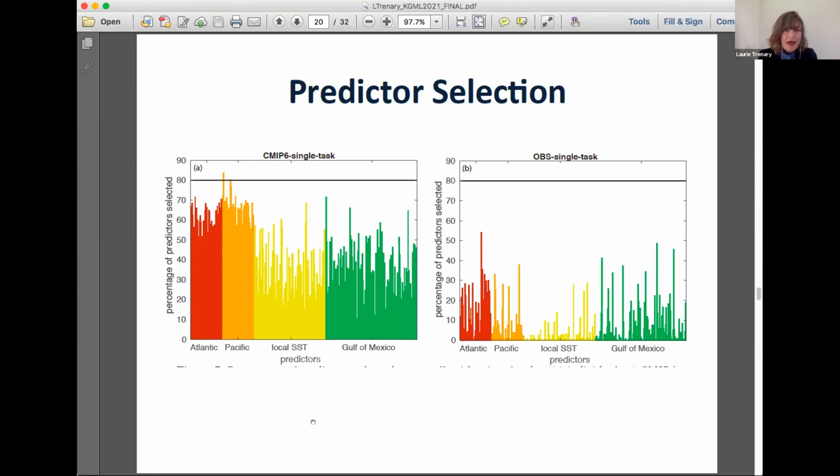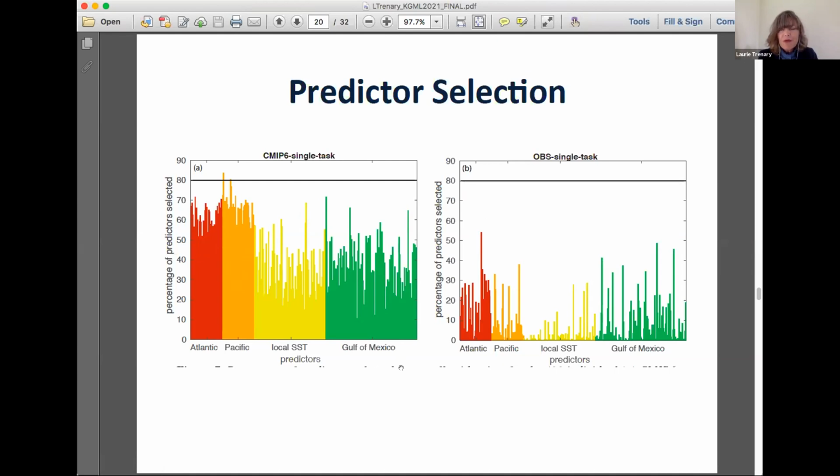And you can see that from the CMIP6 trained model, the Pacific really has a large number of those single predictive models selecting some of the predictors from the Pacific, and to a lesser extent, the Atlantic.